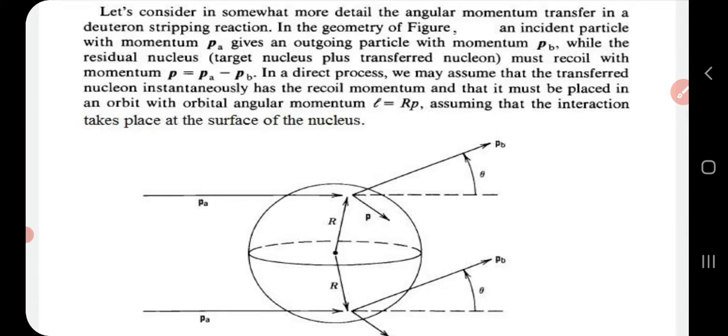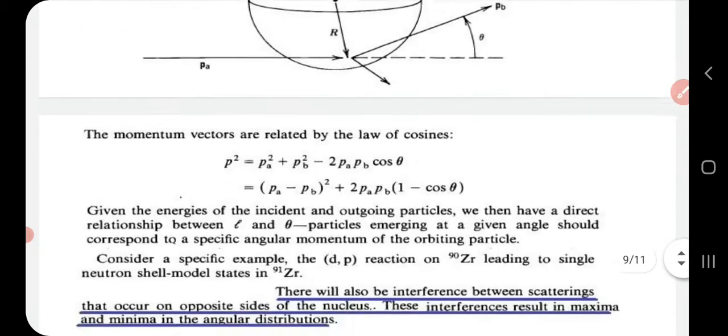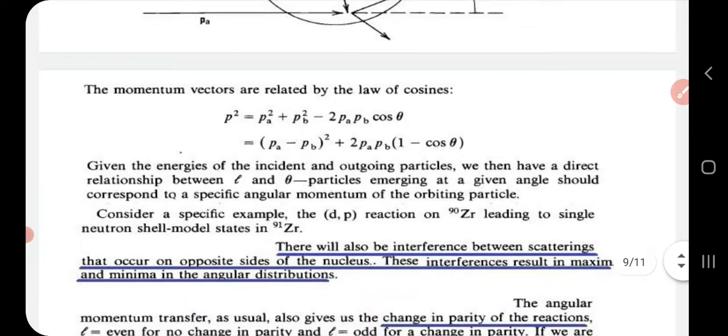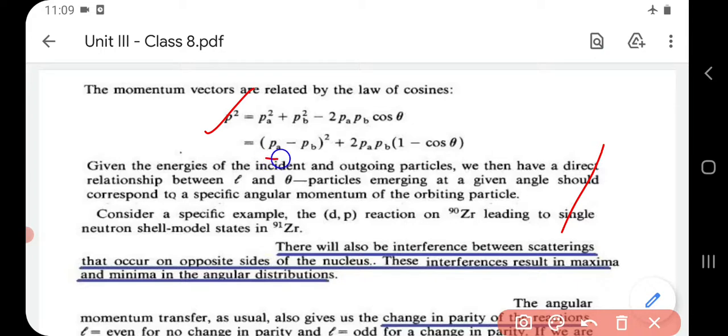The residual nucleus will recoil with momentum PA, and the transferred neutron must be placed in an orbit with angular momentum L equal to R times p. Now the momentum vectors are related by these laws. That is, it is just enough to write P squared equals this one.